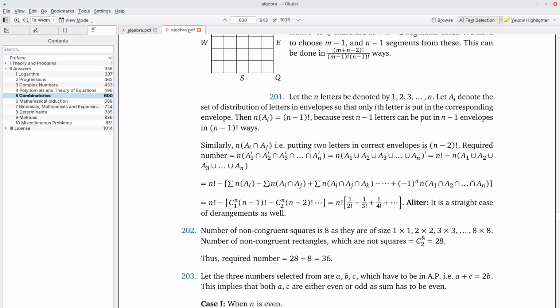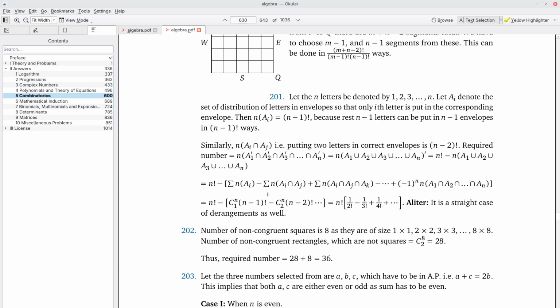Now we have to find sigma n(Ai ∩ Aj). We already know n(Ai ∩ Aj) is (n-2)!, and Ai Aj means picking 2 out of n, so nC2, and so on. And when you expand all this, you will arrive at the derangement formula. Sorry about that, 1 minus 1 by 1 factorial is removed because both will end up becoming 0.